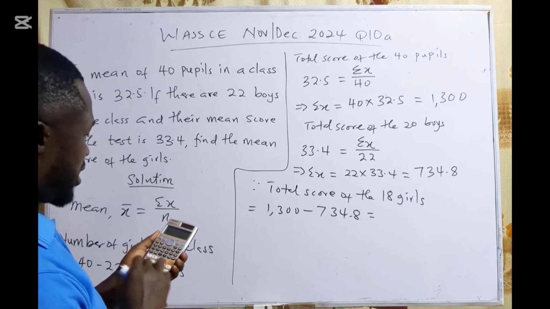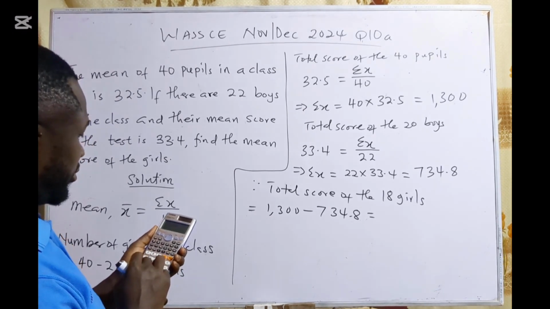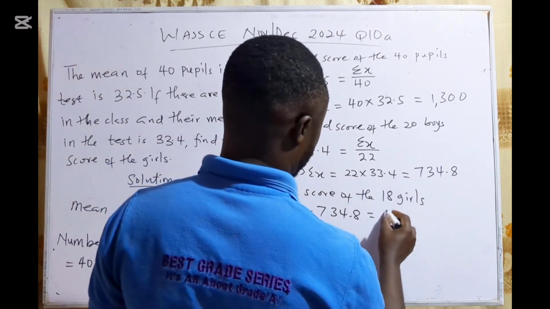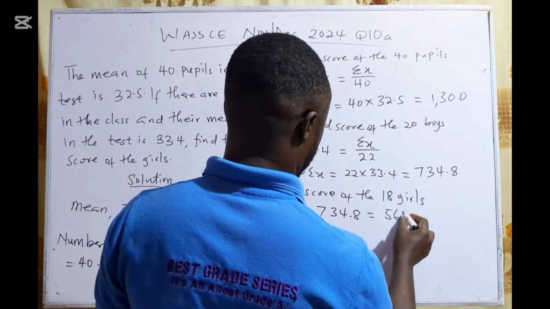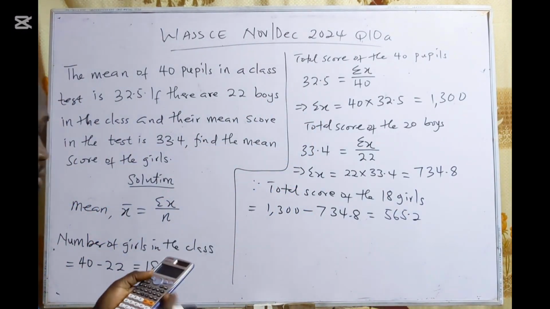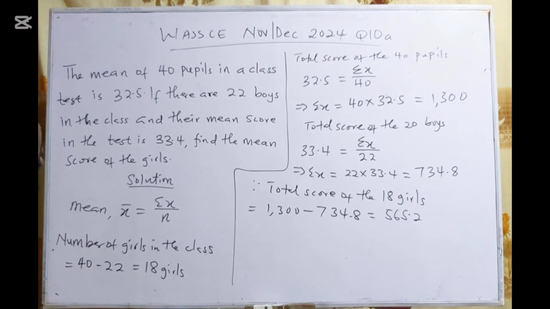So 1300 minus 734.8, and that will be 565.2. So the total score of the 18 is 565.2.